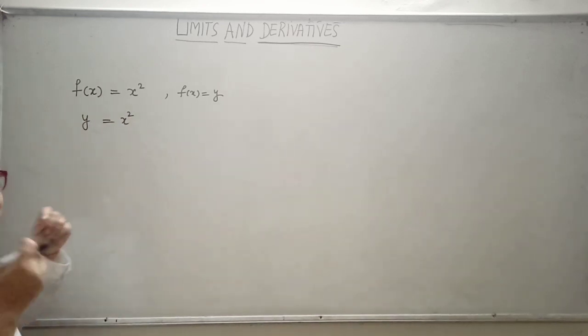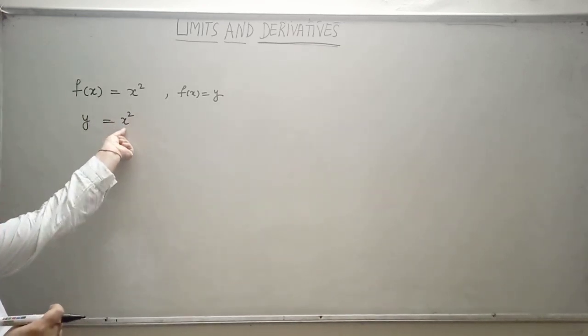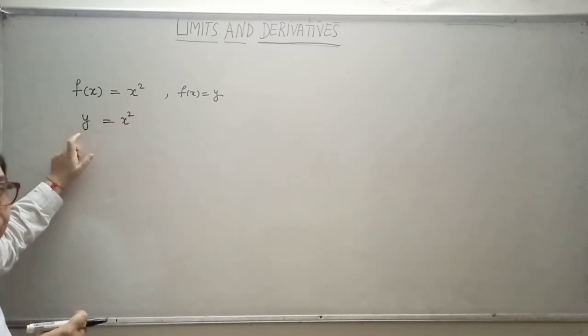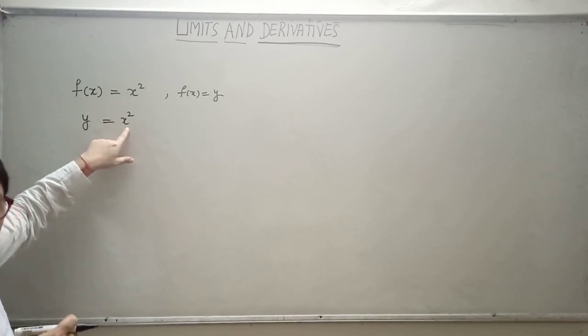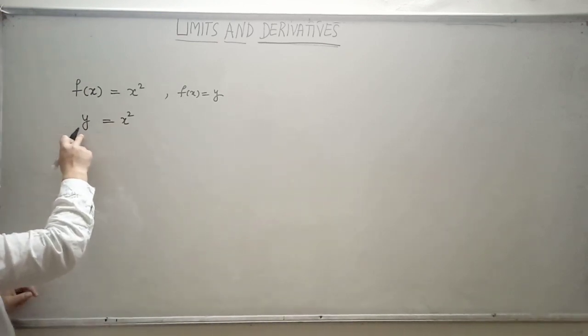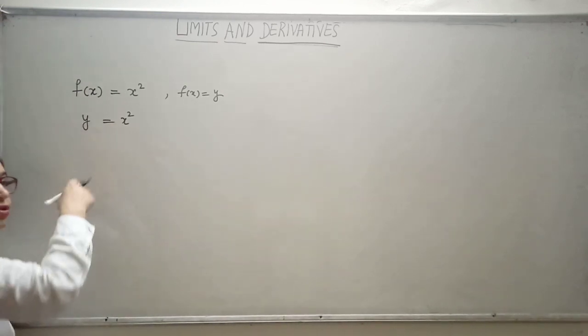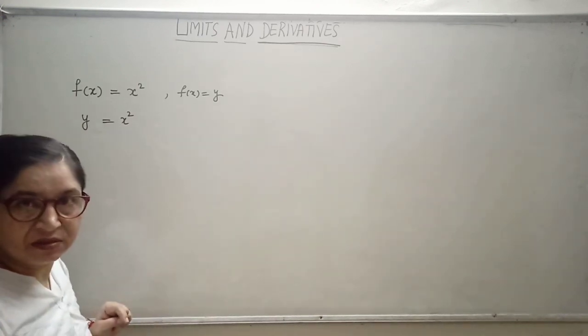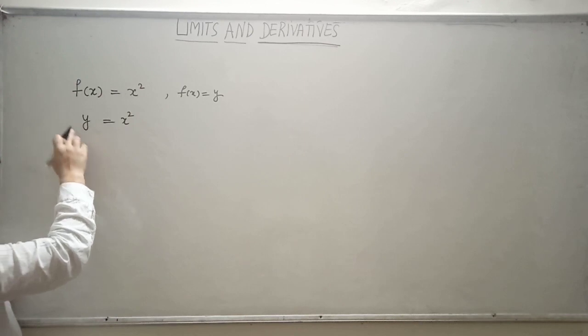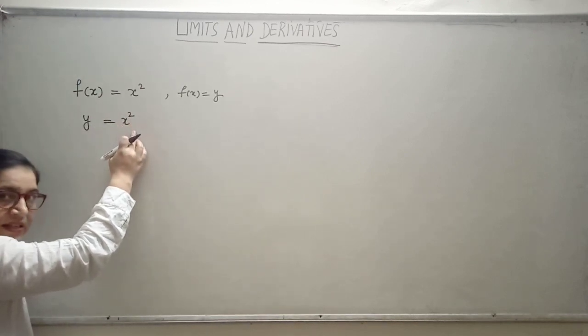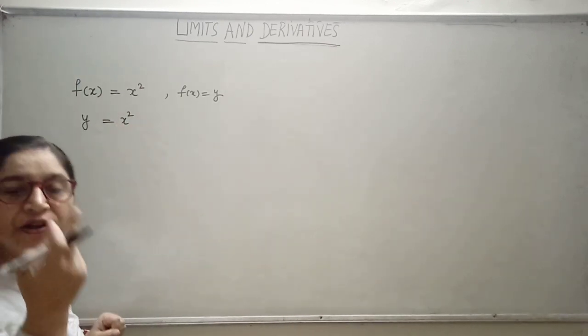If I keep on changing the value of x, then there will be a change in the value of y also. So this rate of change in the value of y with respect to the change in value of x is known as the differentiation.